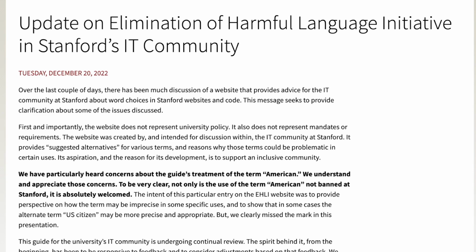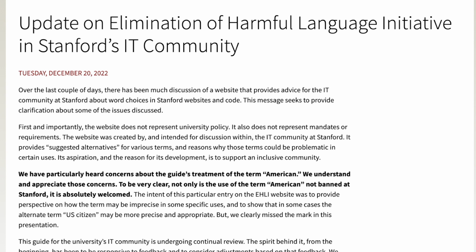So they say, first and importantly, the website does not represent university policy. It does not represent mandates or requirements. The website was created by and intended for discussion within the IT community at Stanford. It provides suggested alternatives for various terms and reasons why those terms could be problematic in certain uses.